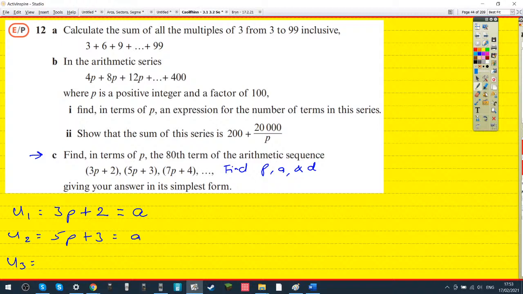A plus D. And U3? 7p plus 4, which is A plus 2D. They might have thwarted us. It might be an identity. I think U2 and U3. Yeah, they might have thwarted us, did they? That's going up by 1 each time. It's going up by 2p.